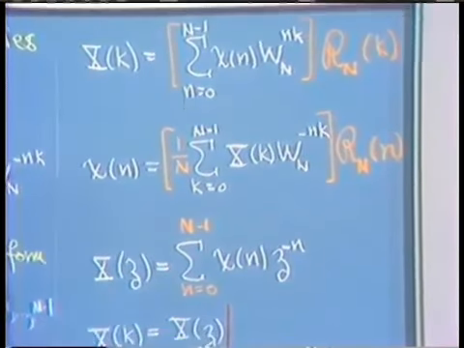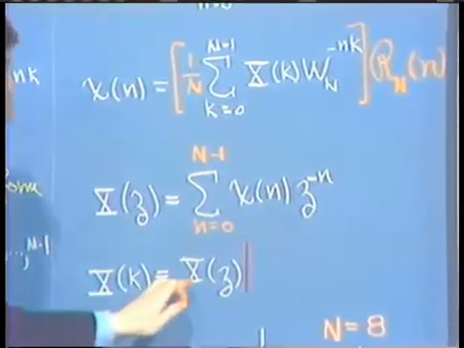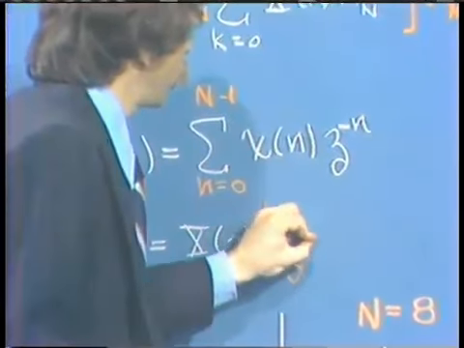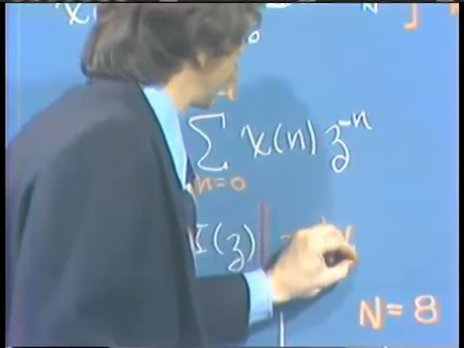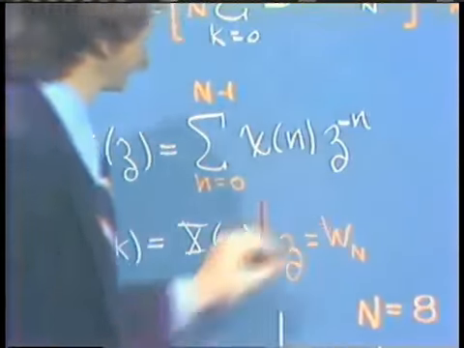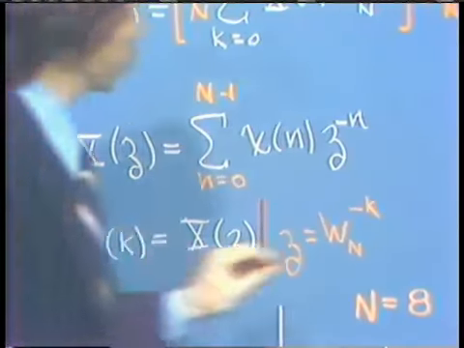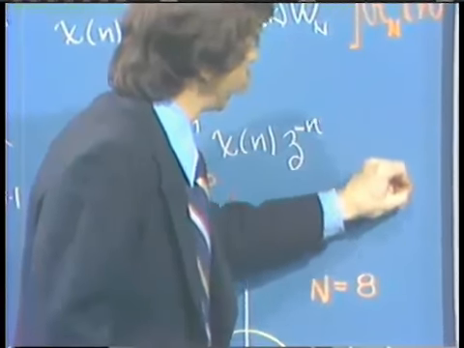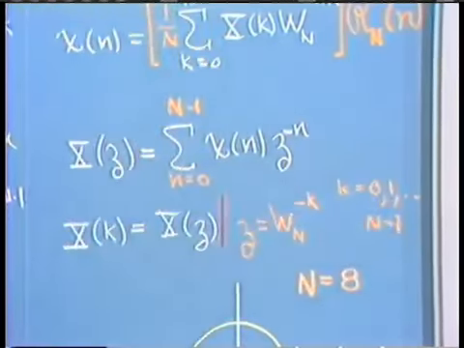So the discrete Fourier transform coefficients are equal to the Z transform if we choose z equal to W sub capital N to the minus k, and look at this for values of k equal to 0, 1, up through capital N minus 1.